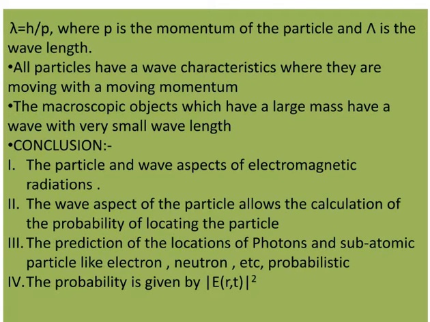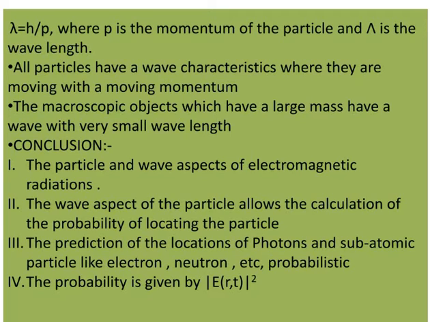Macroscopic objects, which have a large mass, have a wave with very small wavelength. So what is the conclusion? The particle and wave aspects of electromagnetic radiation.